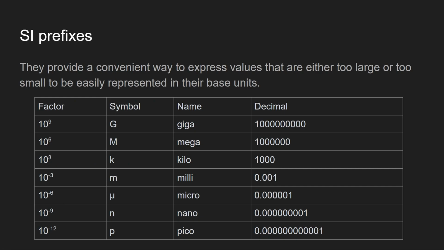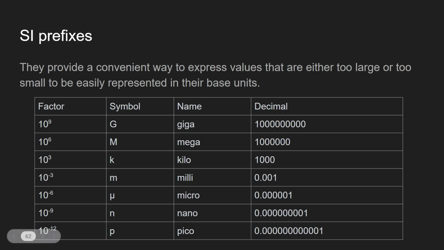Okay. SI unit. If the number is too large, we will use an SI prefix to make the number shorter. Like in our previous example, we used milli. Milli means 10 to the power negative 3, which is divided by 1,000, and we add a letter m here.